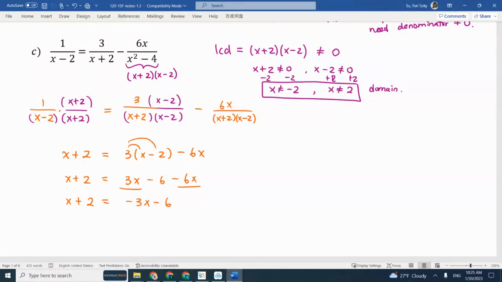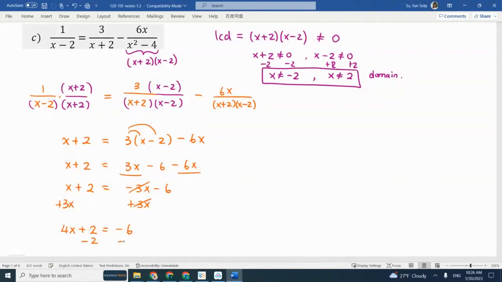Add 3x, right, everybody? We add 3x on both sides. And on the left hand side, we get 4x plus 2. And then, what do we do next? Subtract 2. Then we have 4x equals -8. What's x? -2.